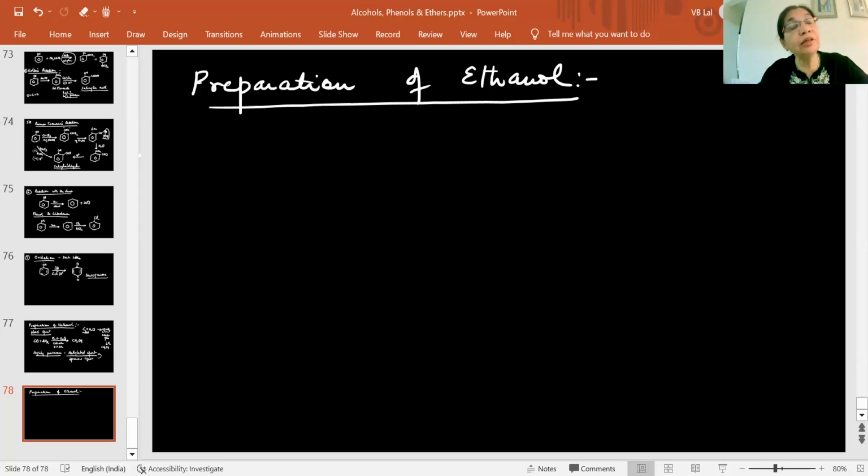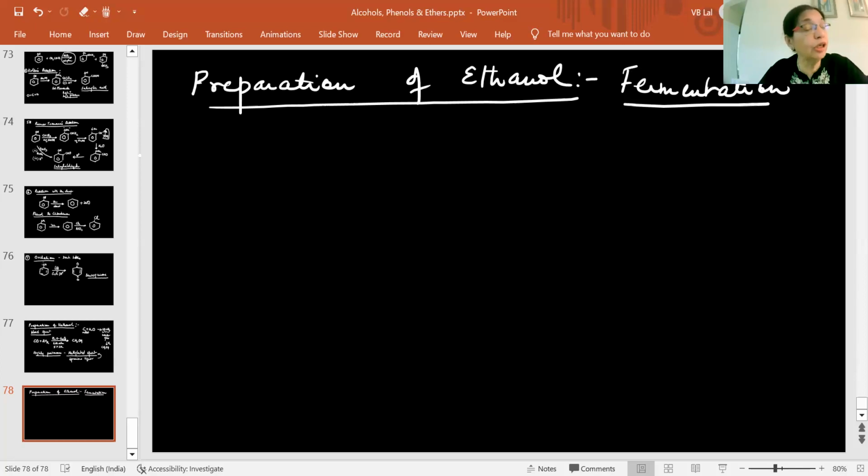Because these two methods are specially mentioned in your syllabus. So they will say, how will you prepare methanol from carbon monoxide, or how will you prepare ethanol by fermentation? Only then you should mention these. If they don't say this, then you make it by whichever method you like. You can start from methyl chloride, use aqueous NaOH and get methyl alcohol. You don't have to prepare it by this long method. So it depends on the question.